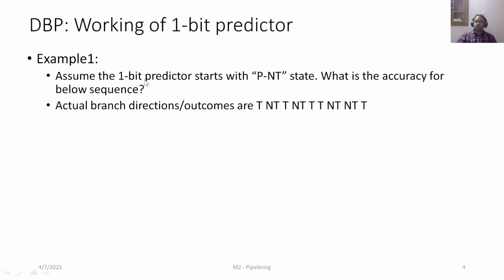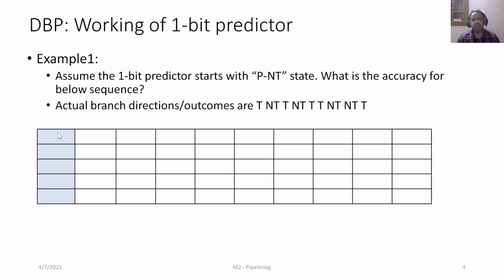Let's assume that we have a one bit predictor and its starting state is predict not taken, and we want to calculate how accurate it would be for a sequence of instances of the same branch, whose outcomes are like this: taken, not taken, taken, not taken, taken, taken, not taken, not taken, and taken. T represents taken and NT represents not taken.